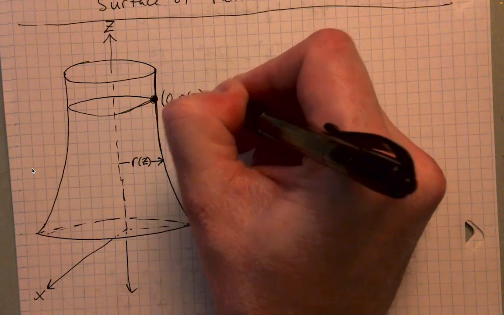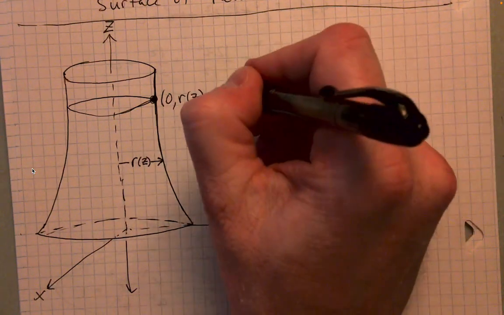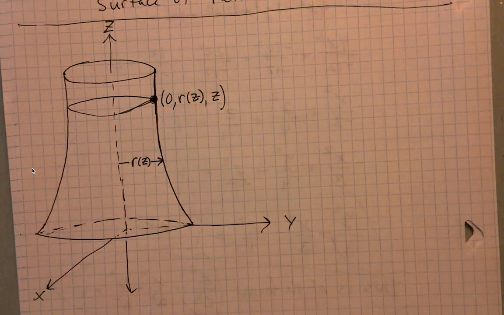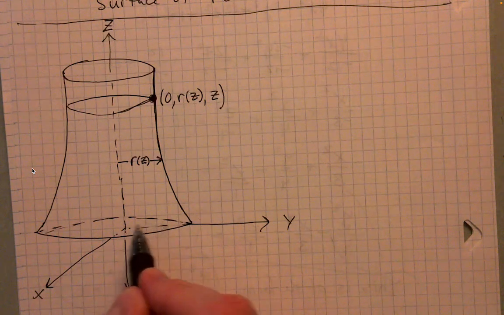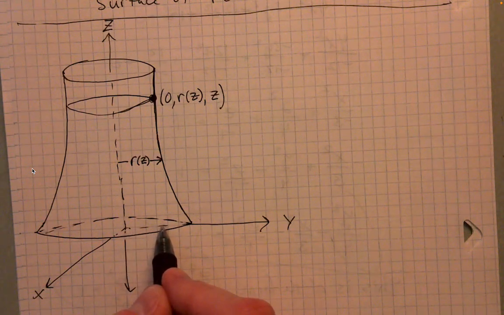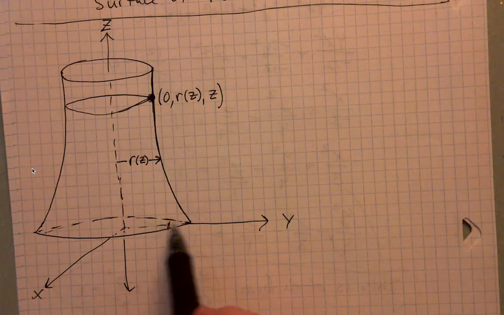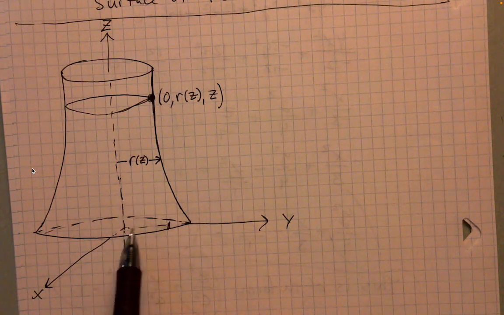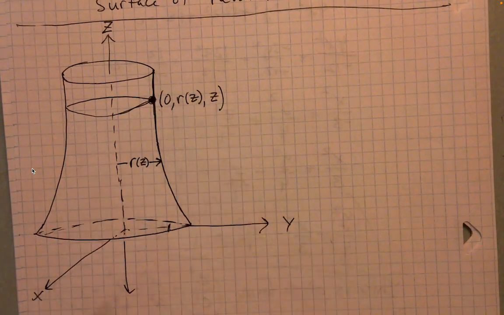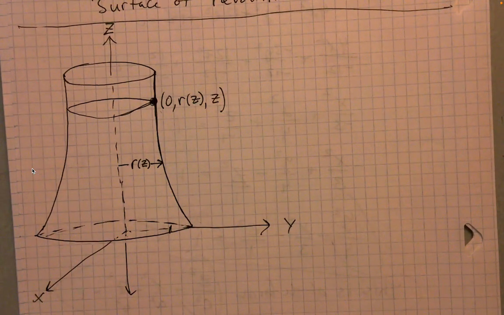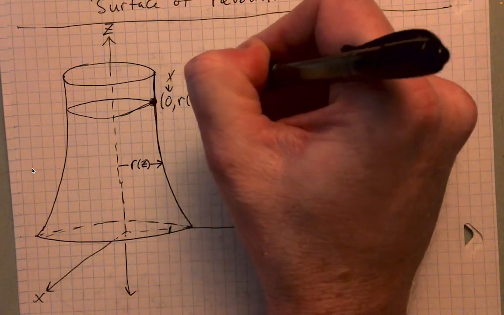It's helpful to imagine some of the various points on here. So this point over here would be the point 0, r of z, and then how high is it in the 3D space? It's z. So it's 0 on the x-axis, r of z on the y-axis, and z up. So this is your x, this is your y, and this is your z, of course.